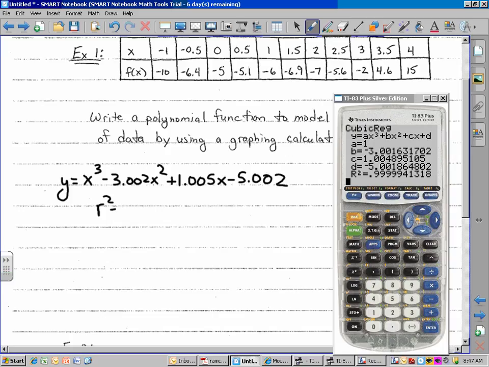Our r squared value is, well, 1.000. That's pretty much perfect. And r squared, if you remember correctly, r is called the correlation coefficient. And that is between -1 and 1.